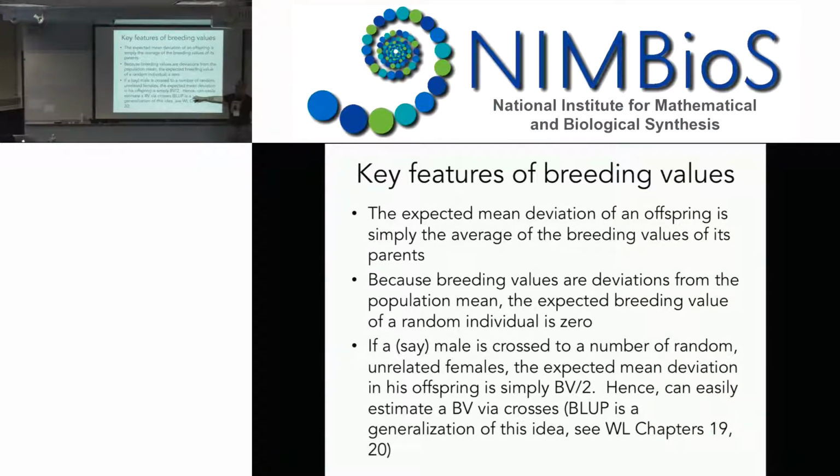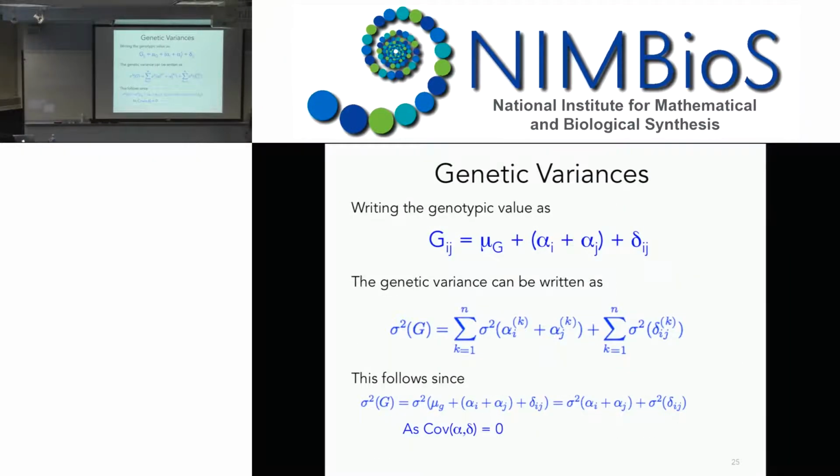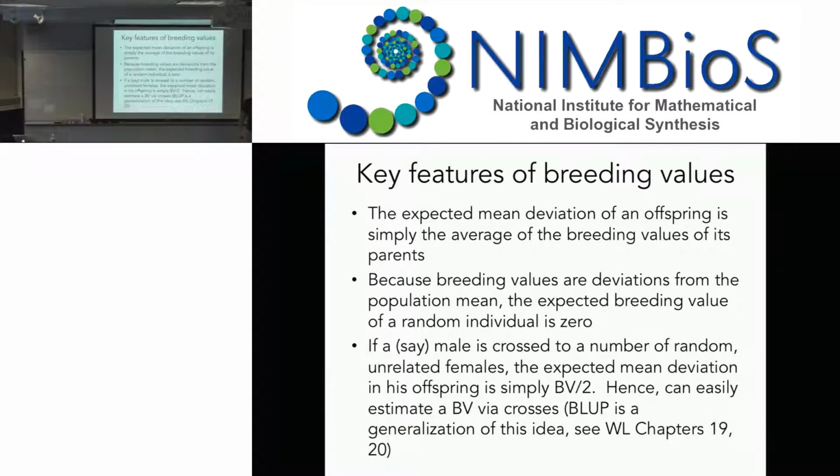What BLUP basically does is it has a matrix that takes care of all the pairwise relationships. If you're interested, see chapters 19 and 20. But the key concept so far is, if I'm a parent, what matters isn't my phenotype, because my phenotype is a predictor of G plus E.